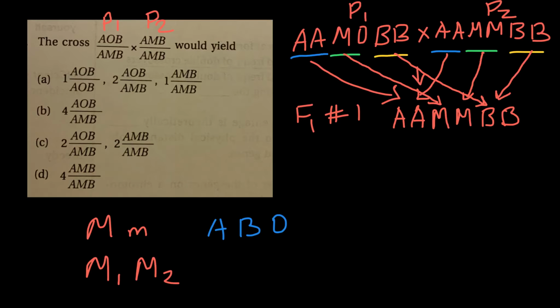This is variant number 1, but another variant is also possible. In the first variant, we chose that parent 1 would contribute dominant allele M. Another variant would be that parent 1 contributes allele O instead.